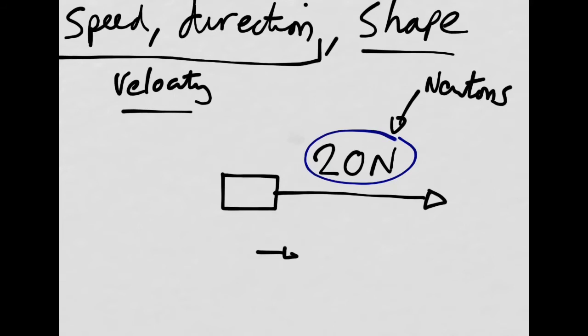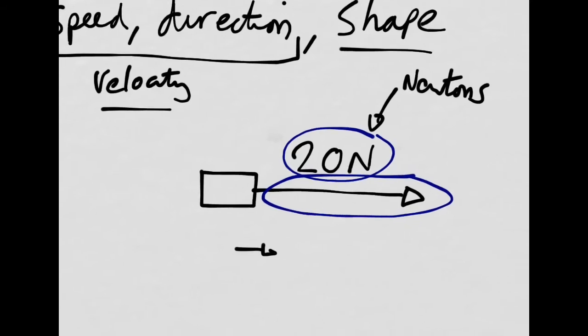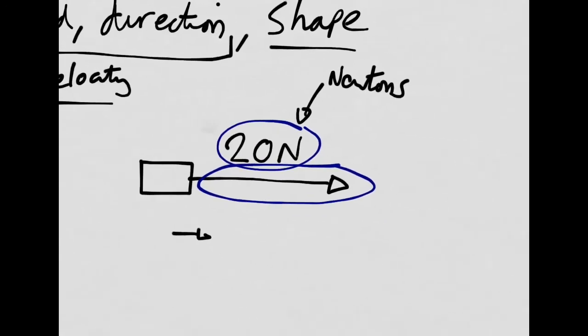The magnitude or its size is 20 newtons, and it's acting in this direction, to the right. So that's what forces are then. Forces are a vector quantity. Forces have a magnitude indicated by this number and a direction indicated by this arrow.